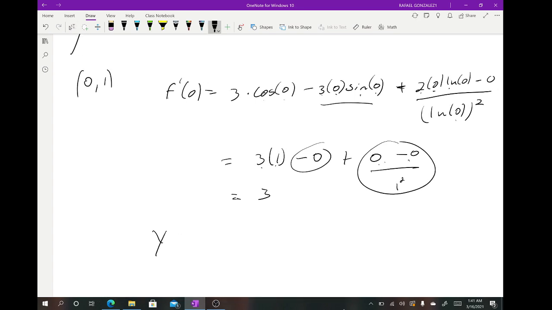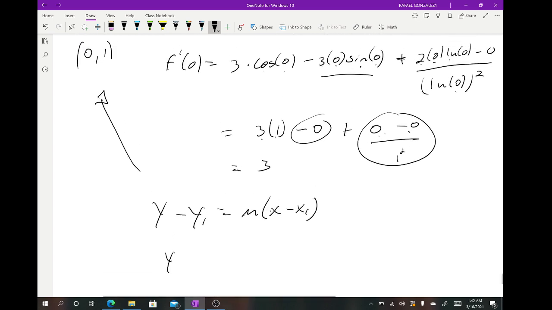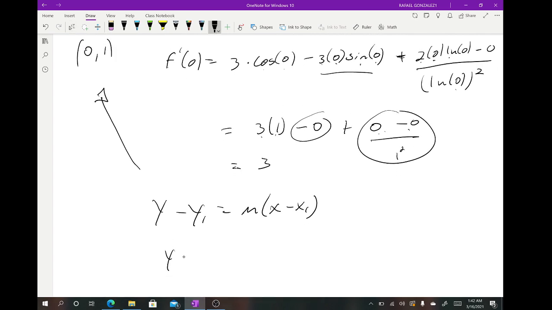And now we put it together at this point. When we find the equation of the tangent line, for y, we have 1. So y equals 1. M is 3 because that's just the slope, the derivative evaluated at the point.